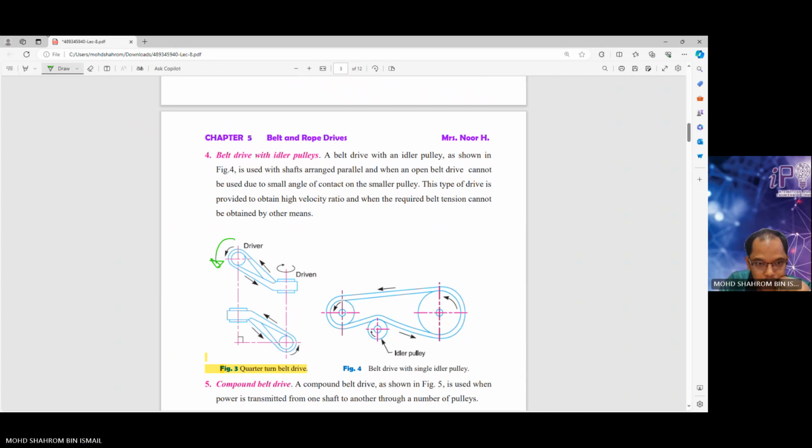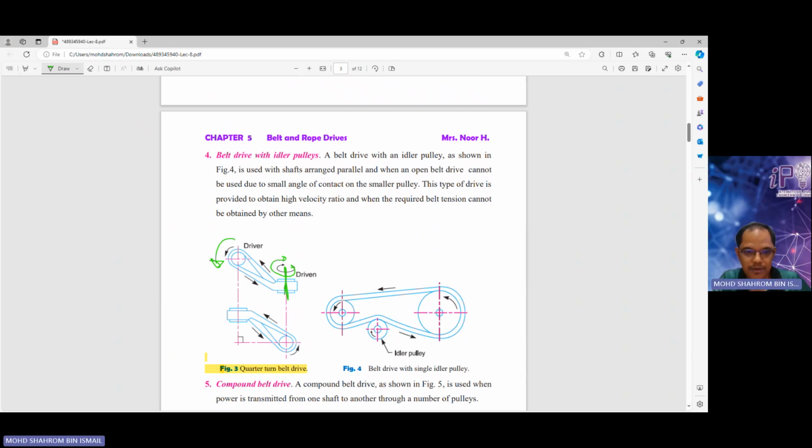When it pulls in the anti-clockwise direction, it manages to move the driven shaft following the clockwise direction. Yeah, if you can imagine.